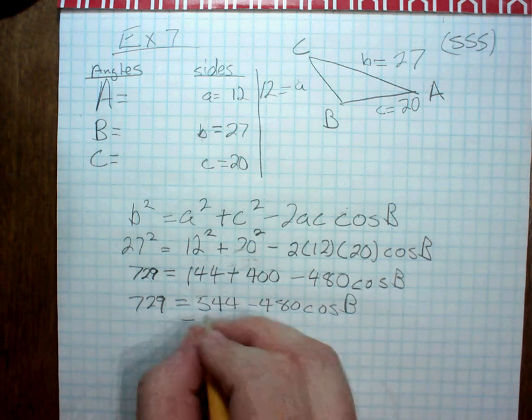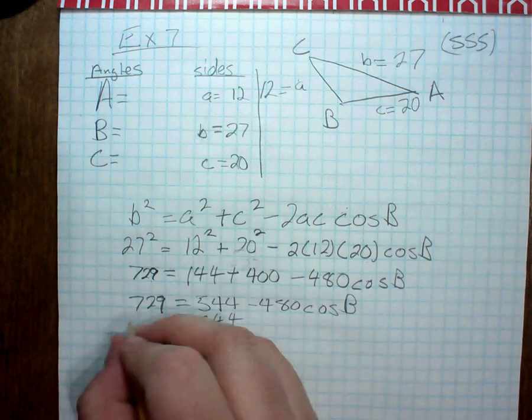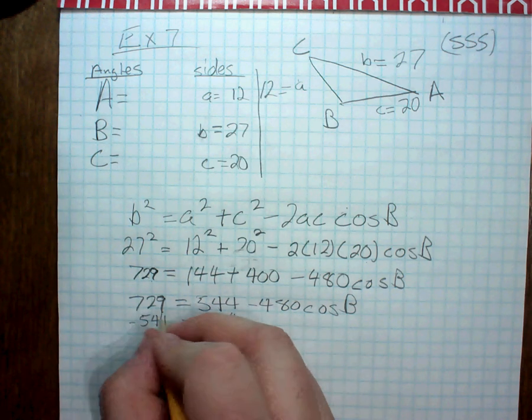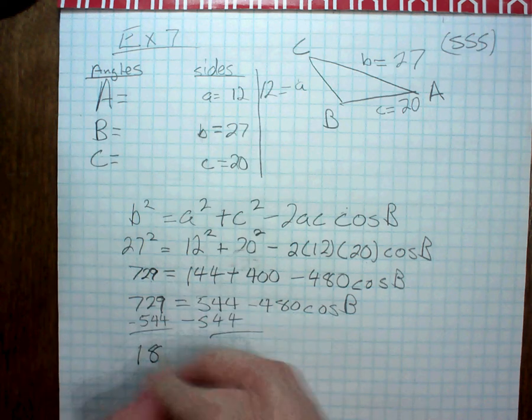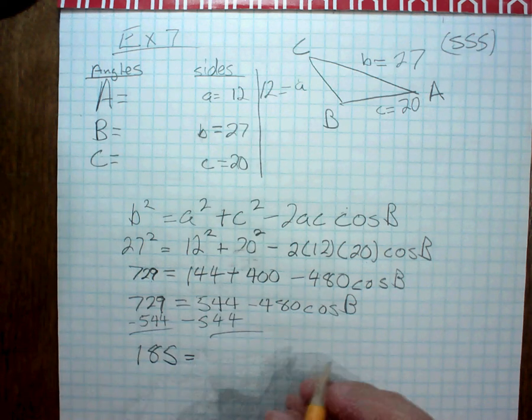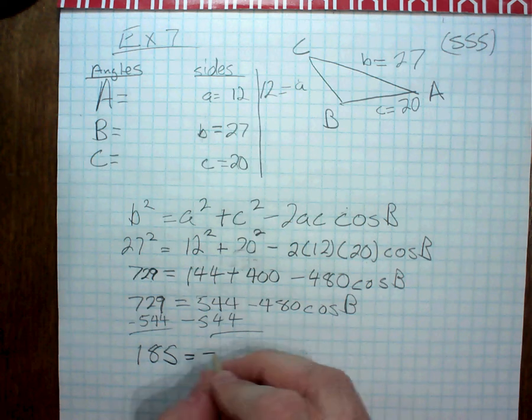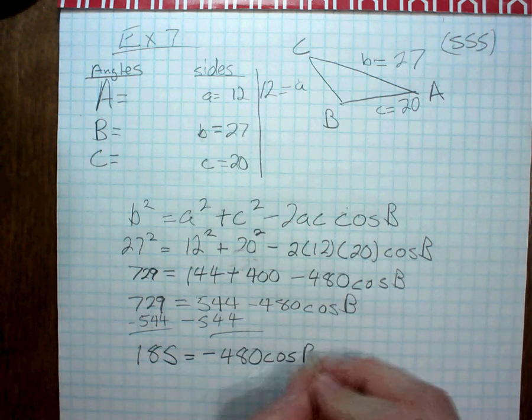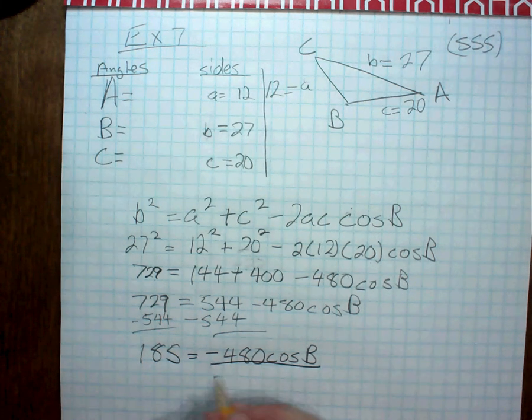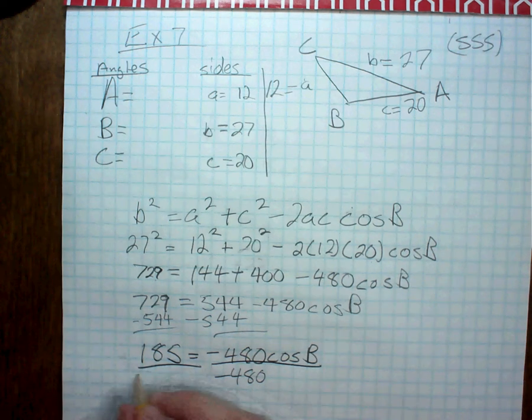I'm going to subtract 544 from both sides, and so I get 729 minus 544, that's equal to 185, equal to negative 480 cosine of B. I'm going to divide this by negative 480 because I want to get cosine of B by itself. Whatever I do on one side, I do on the other.